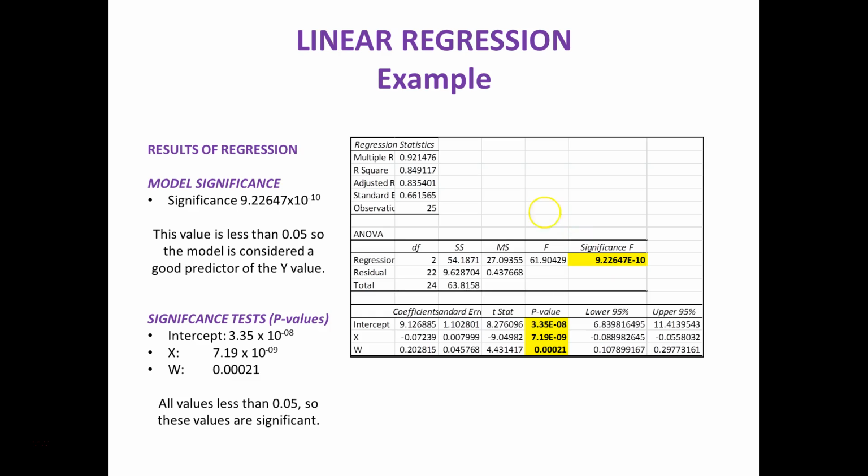What's a good model? What's a bad model? Usually, not always, but usually people use the number 0.05. If this number right here is less than 0.05, you can usually assume it's a good model. And typically, if it's bigger than that, you say it's not a good model. In the real world, however, if it's larger than 0.05 and you're making money, people don't lose a lot of sleep over that. But in other areas like drug studies or medical research, that number becomes a lot more important.